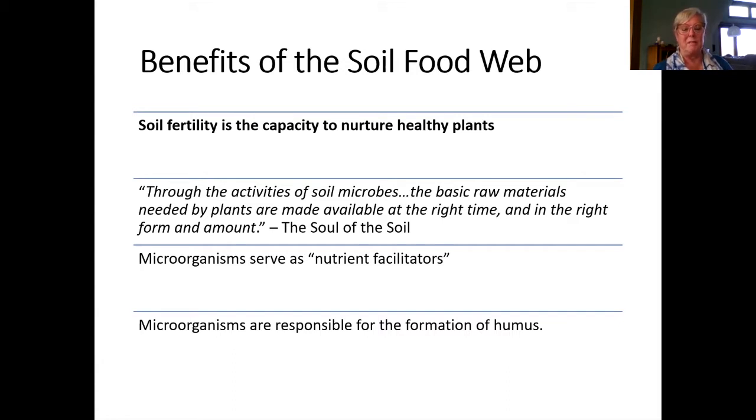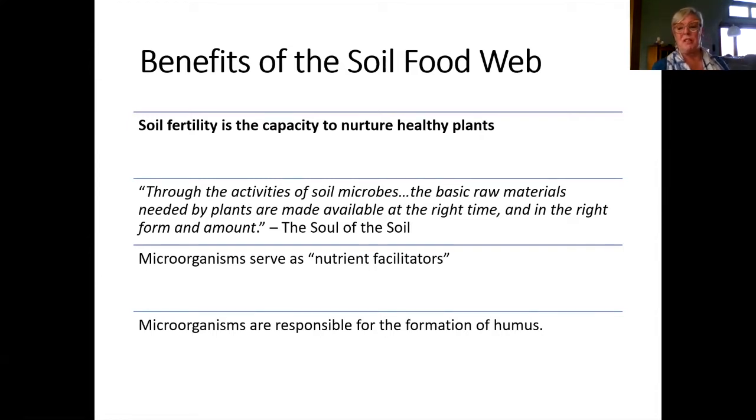It's enjoyable reading, but through the activities of soil microbes, the basic raw materials needed by plants are made available at the right time, in the right form, and the right amount. They are nutrient facilitators and help make sure those plants are getting what they need.